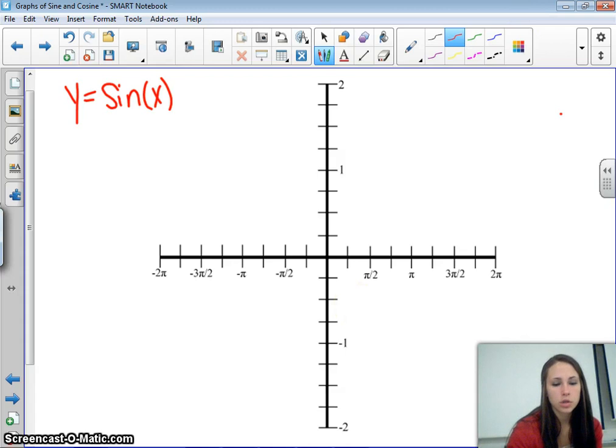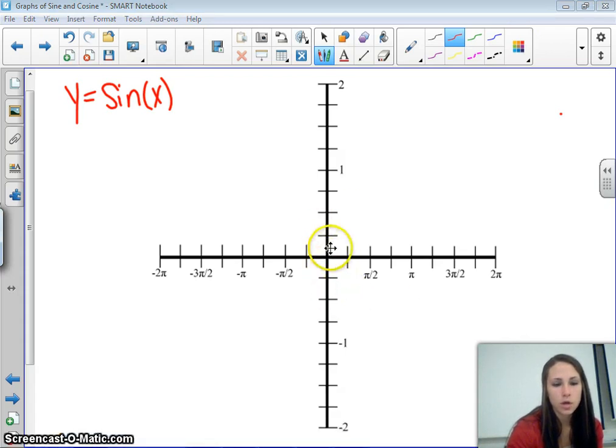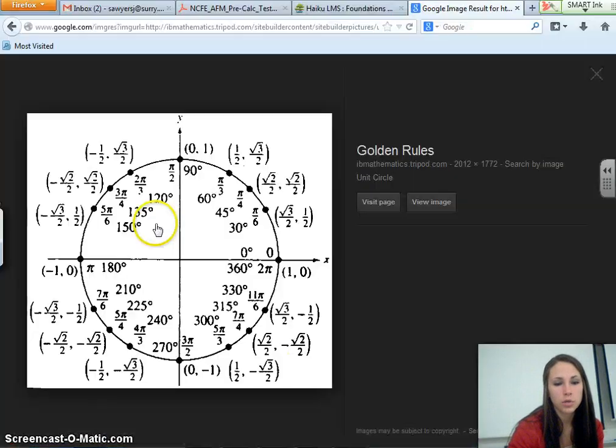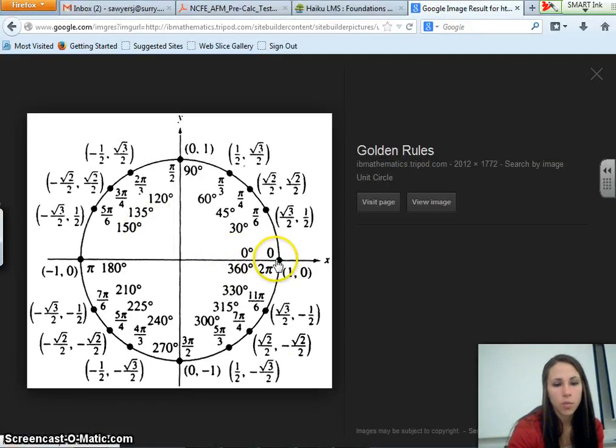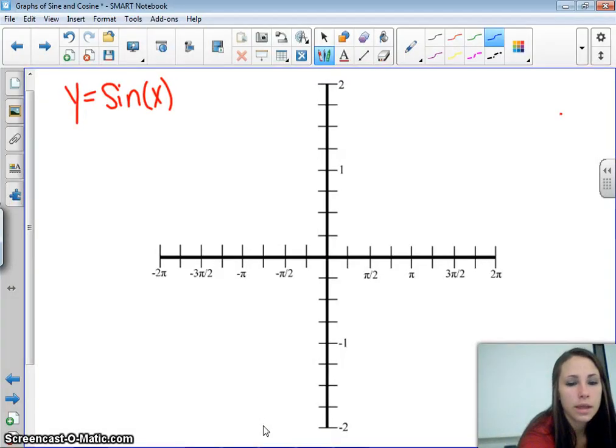So I'm going to look at the unit circle to do this. When I start out, I'm always going to start at 0. If I plug 0 into sine, the sine at 0, remember sine is y, so I go to 0 on my unit circle and look at what the y coordinate would be, and that's 0. So my point there is 0, 0, so it's going to go through the origin like this.